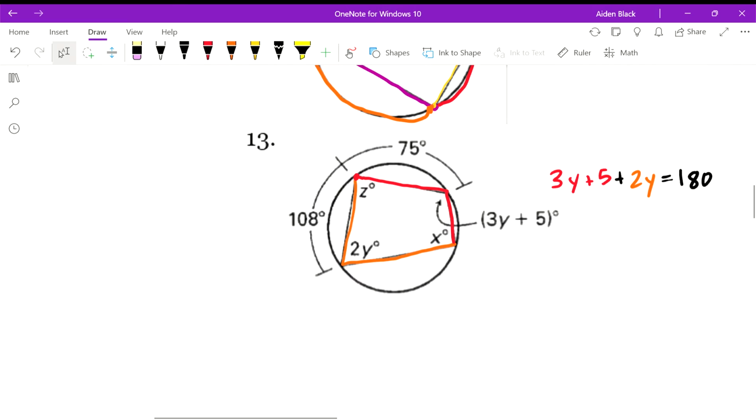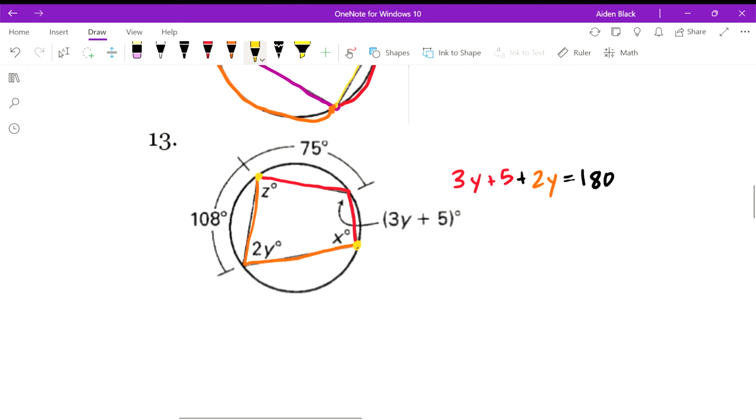Okay, those are opposite angles, and really we can tell because their endpoints, like right here and right here, are the same. Right, so the sum of those intercepted arcs is 360, and we know that those inscribed angles are half of that. So we know that they add up to 180.